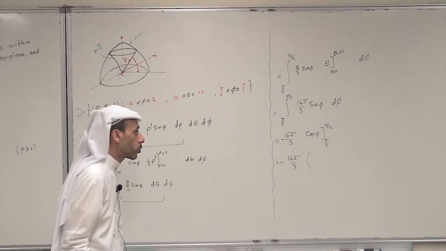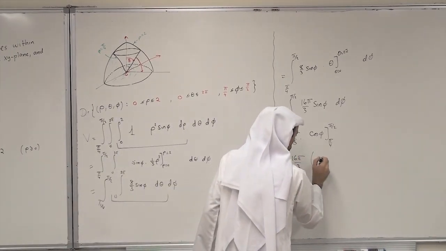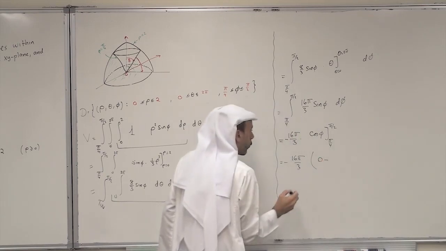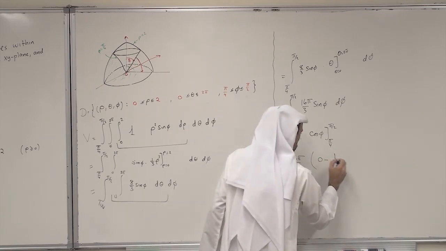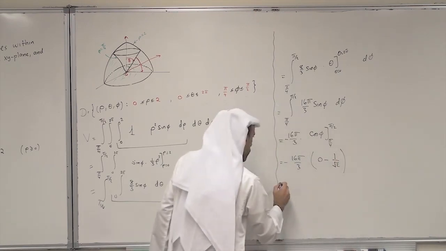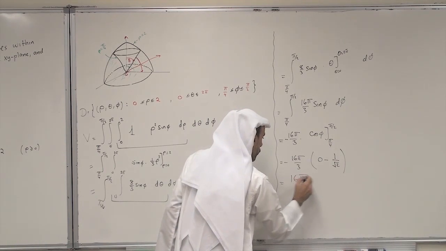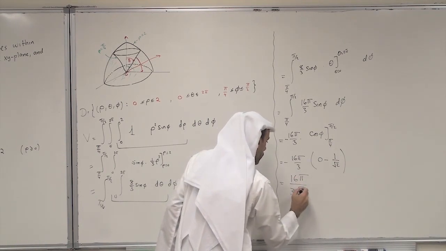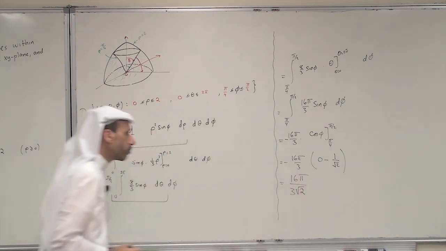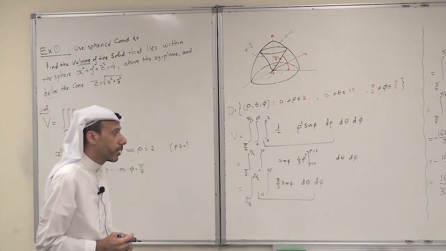Cosine pi over 2 is 0, minus cosine pi over 4, 1 over root 2. So this becomes 16 pi over 3 root 2. Okay, so this is the answer.